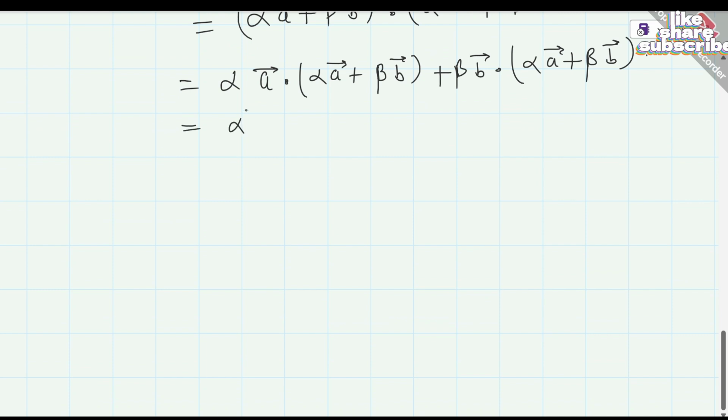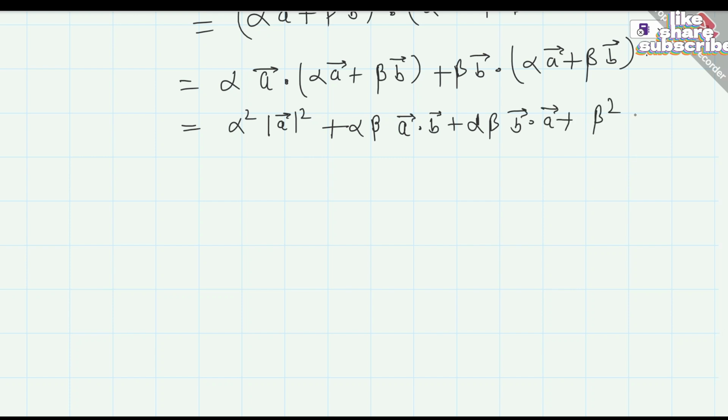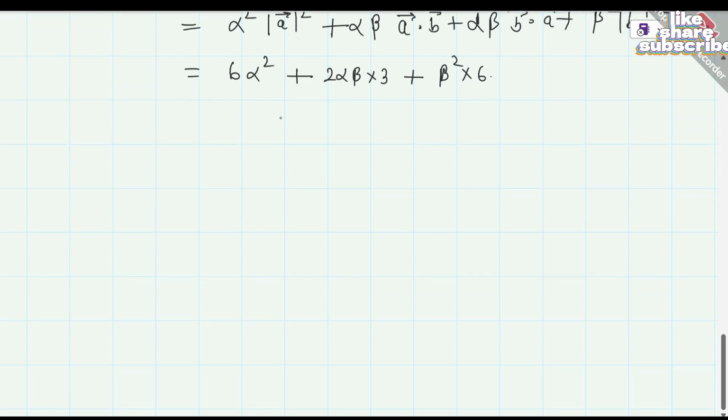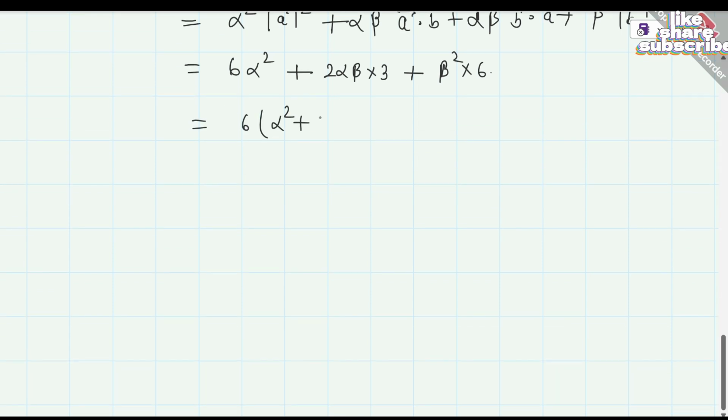So this is equal to alpha square modulus of A square plus alpha beta A dot B, plus alpha beta B dot A plus beta square modulus of B square. Putting in the values of A dot B and the moduli, we have 6 alpha square plus 2 alpha beta times 3 plus beta square times 6. So we have 6 times alpha square plus alpha beta plus beta square.